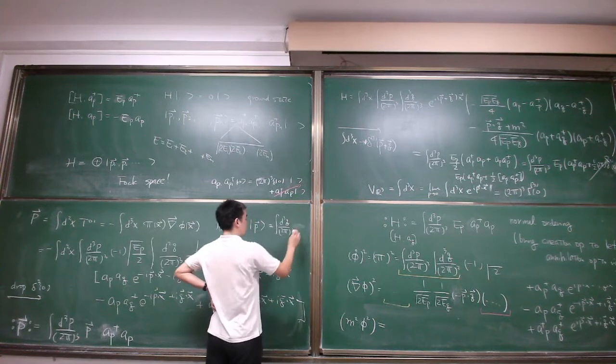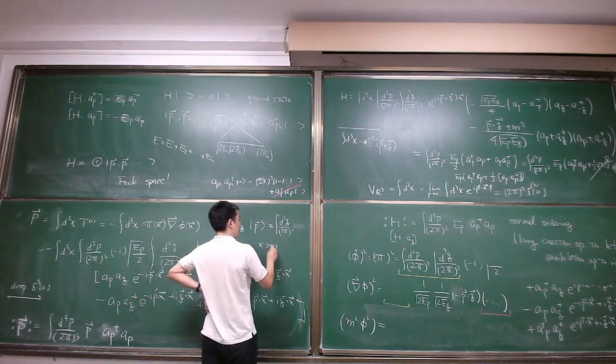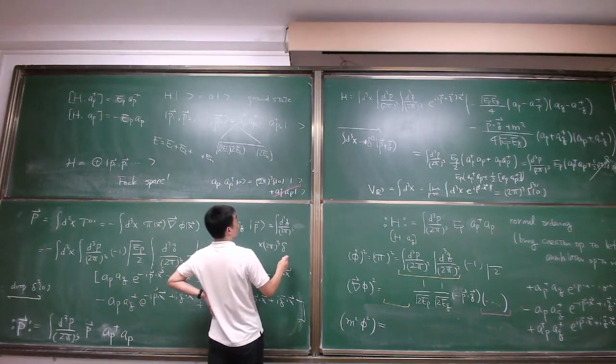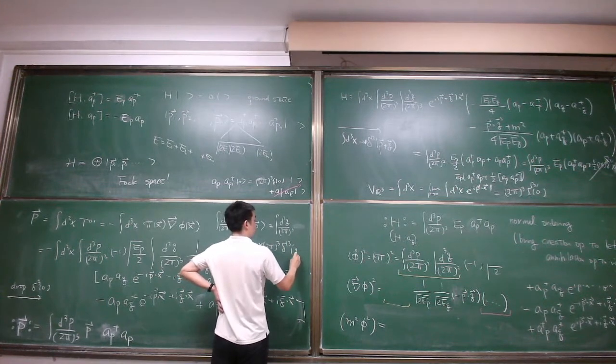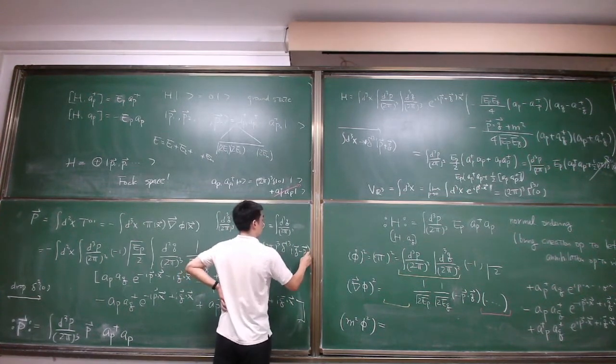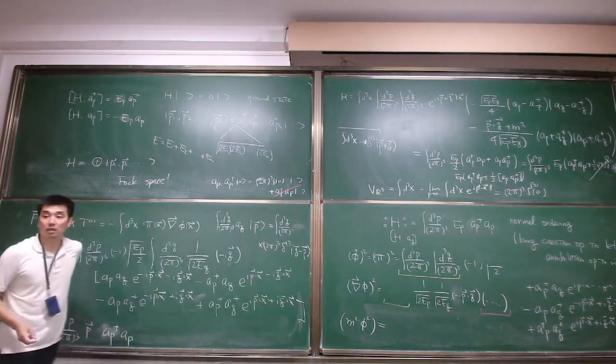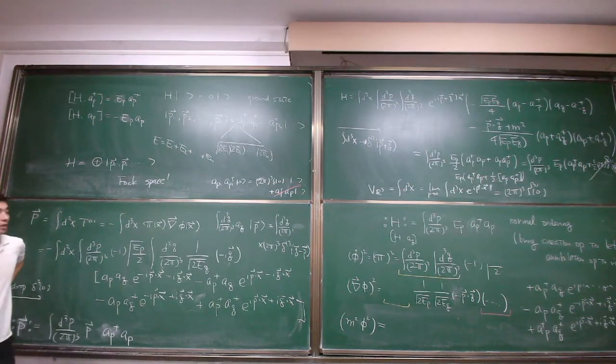Anyway, I don't like this kind of normalization, but 2 pi cube nabla cube Q minus P. Okay, do you understand?